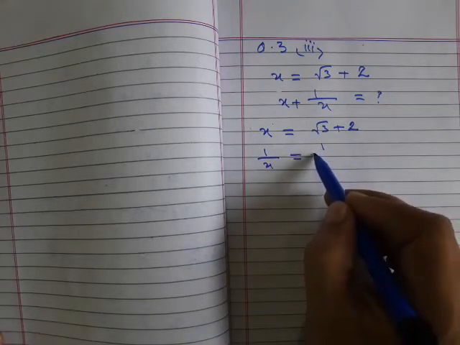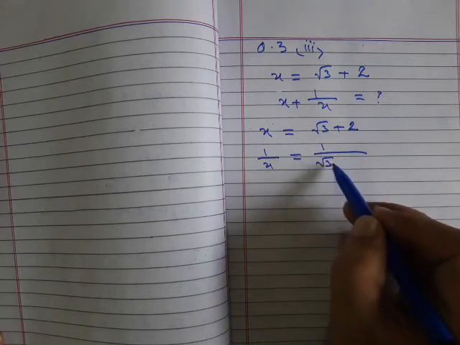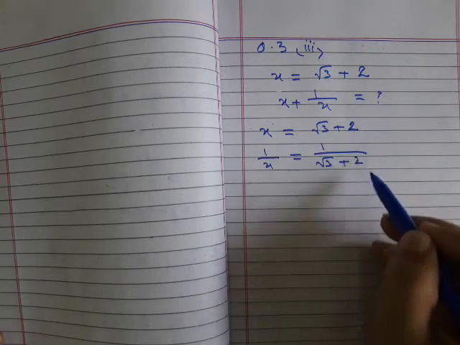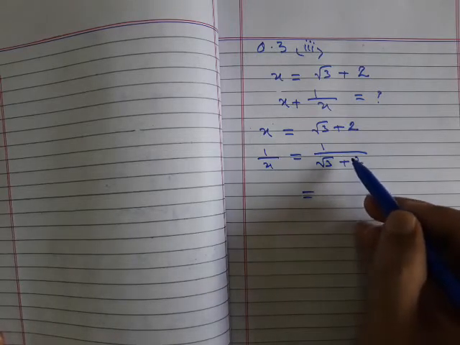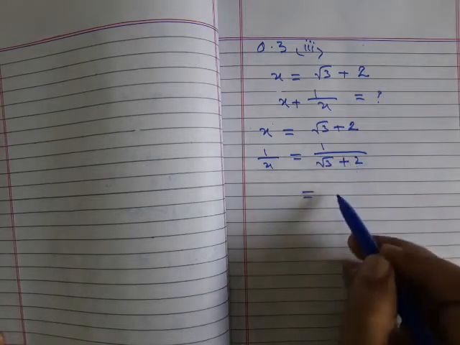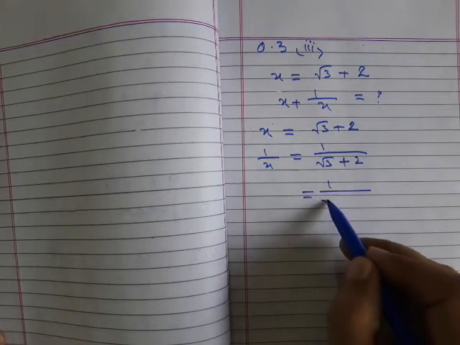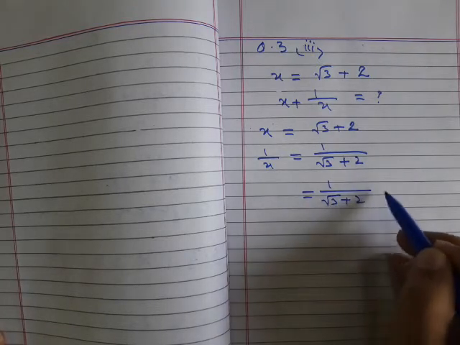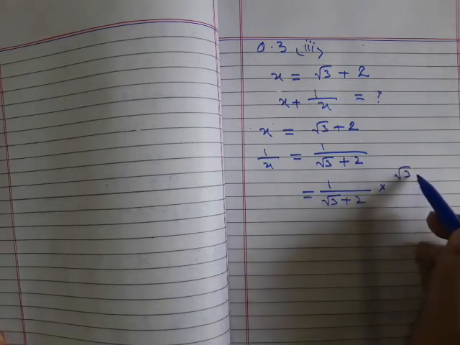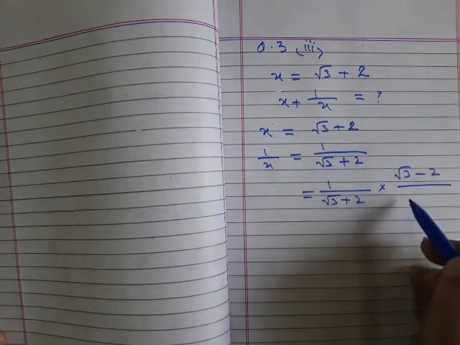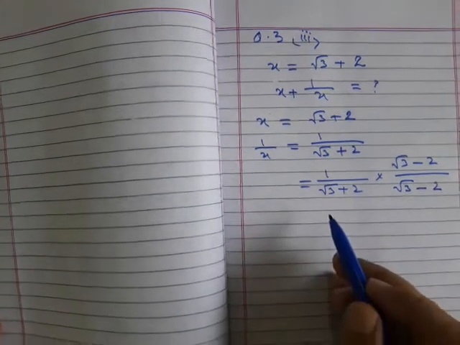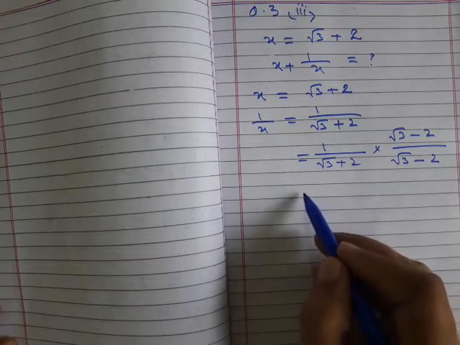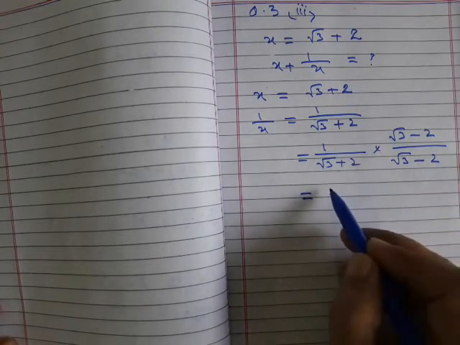Reciprocal of under root 3 plus 2 is 1 over under root 3 plus 2. Now rationalize it. Take the conjugate of under root 3 plus 2, then multiply and divide by it, that is under root 3 minus 2 over under root 3 minus 2. Now 1 into this, same as it is.